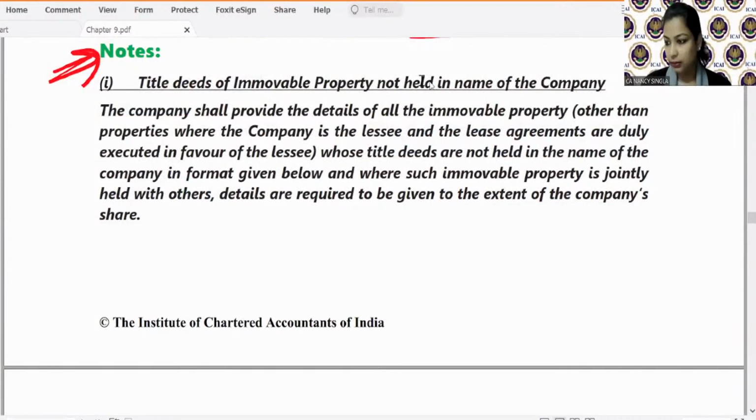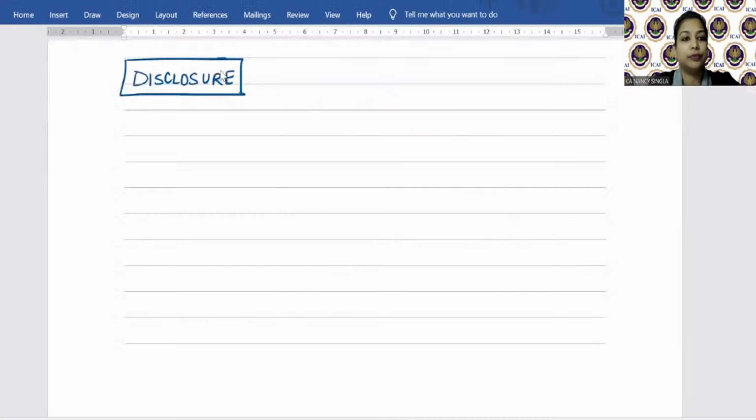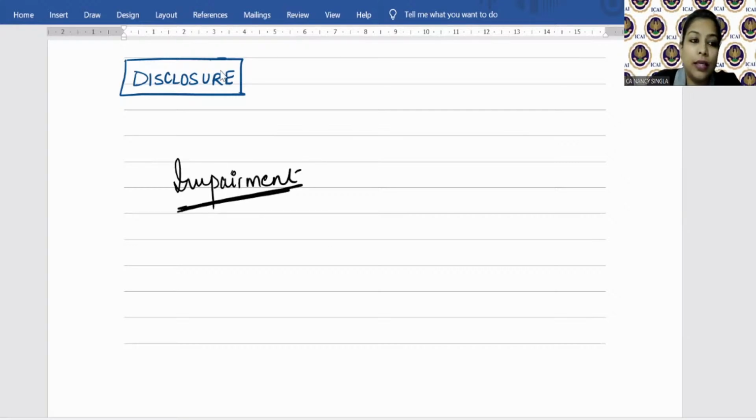So students, I hope you all are back after the break. So there is a doubt with respect to impairment. See, a plant and machinery comes in the balance sheet after reducing, after providing for depreciation, and the value that comes is the carrying amount.